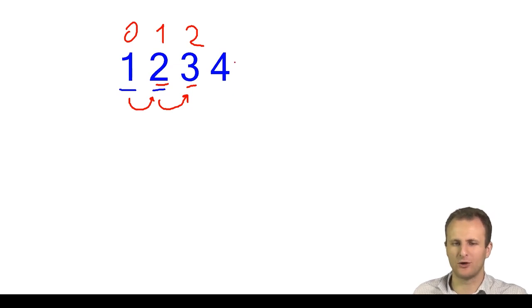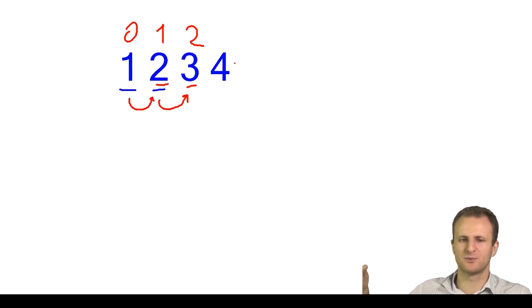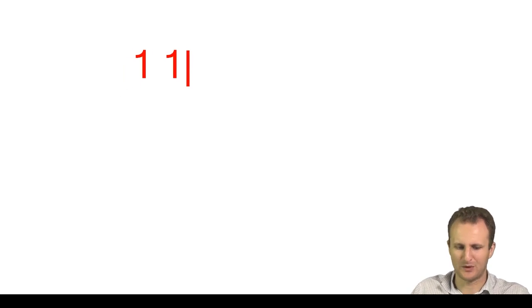However, if I find an equality, I keep my index the same, so that I can check the deleted position again for an equality with the current position. Because if I have 1, 1, 2, 3, 4, now this case is more interesting. I'm at index 0, and I see these two are equal.